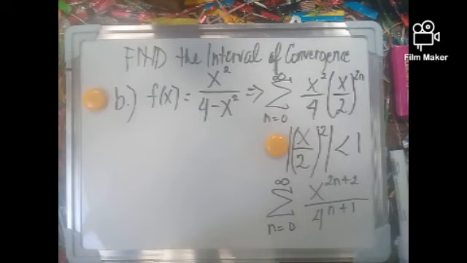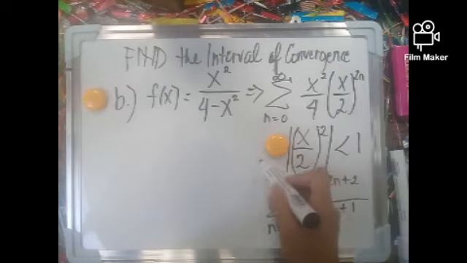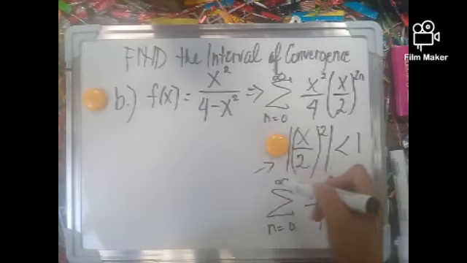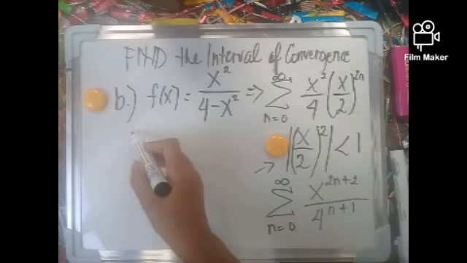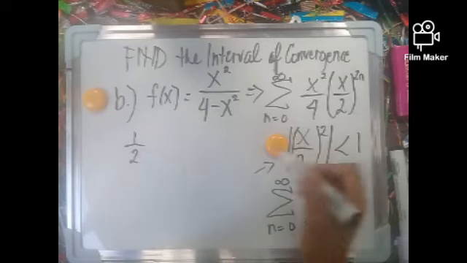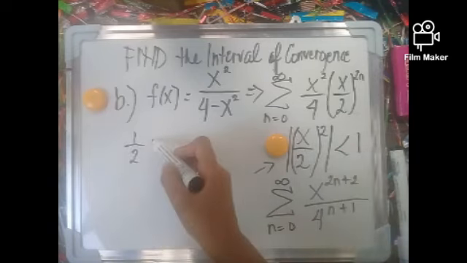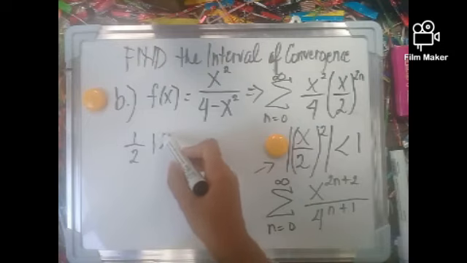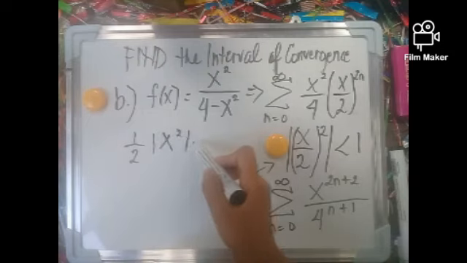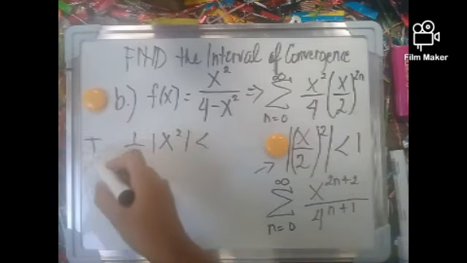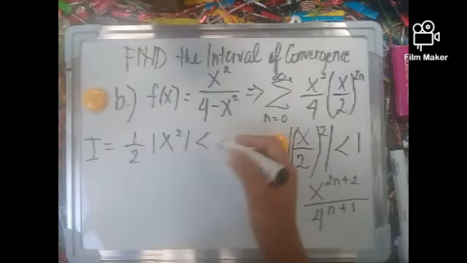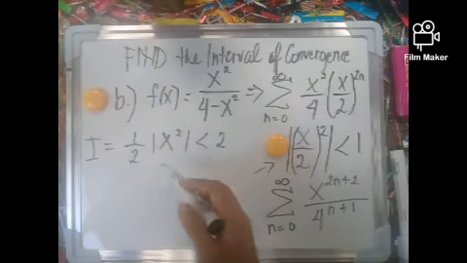So, solving this inequality, makukuha natin, we have 1/2 since x over 2, and then the absolute value of x squared is less than 2.